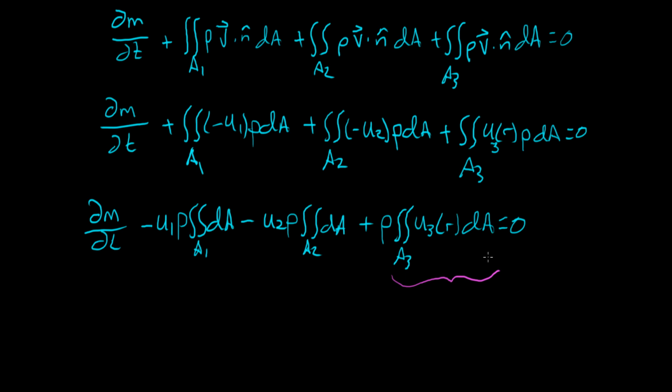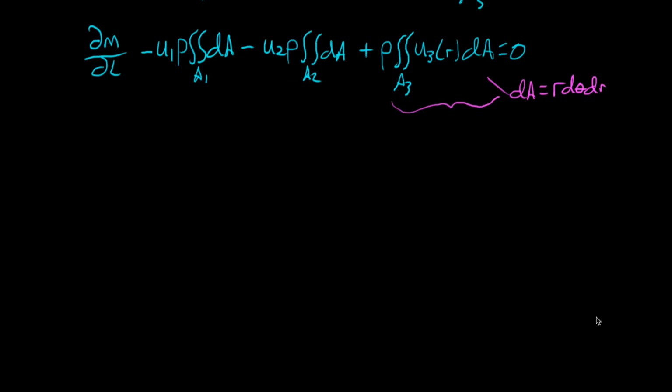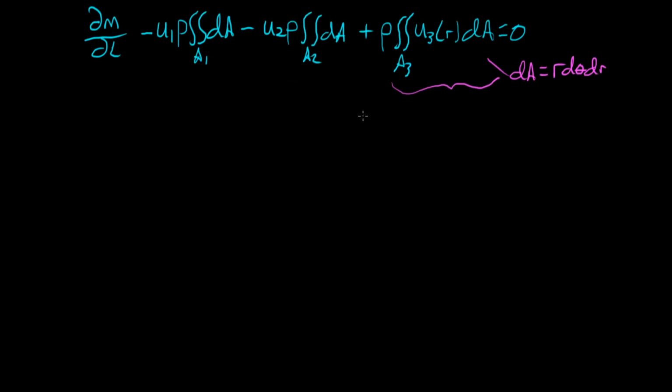Okay, why? Because dA here, well, this is the circular face, and so that's the r d theta dr cross-sectional area there. And so this integral becomes the integral from 0 to R, integral from 0 to 2 pi, because it's a full circle.